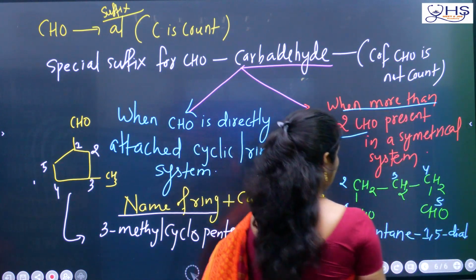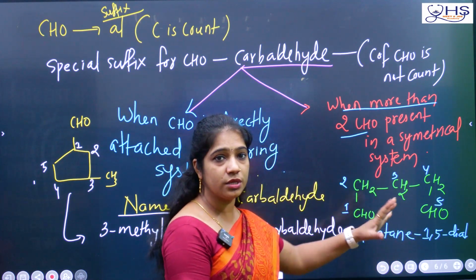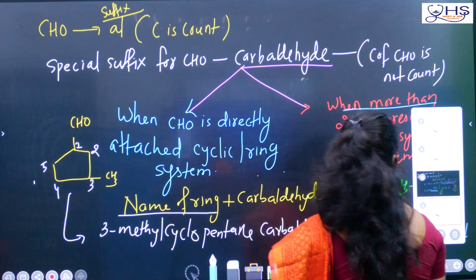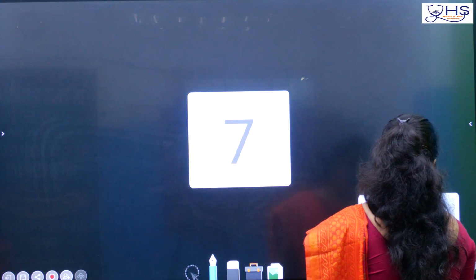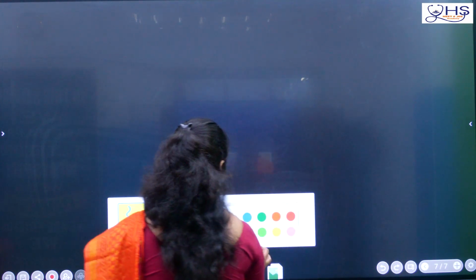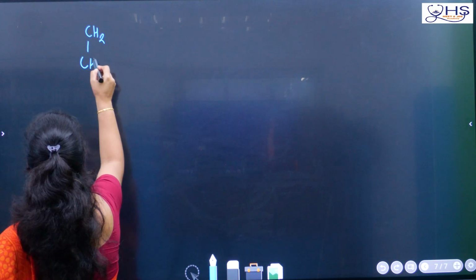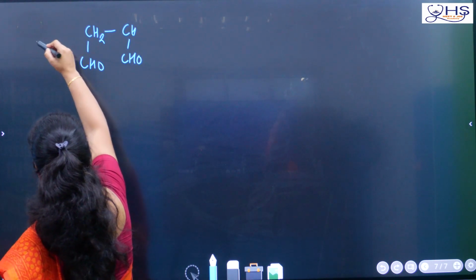If there are only 2 functional groups, we can include the carbons of these 2 functional groups in our main chain, so there is no problem. But if I am having more than 2, what will happen? See here, CH2, CHO, CH, and this is very important.